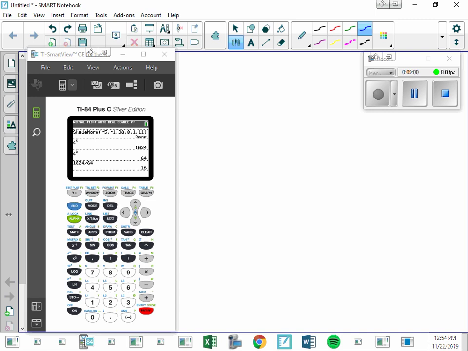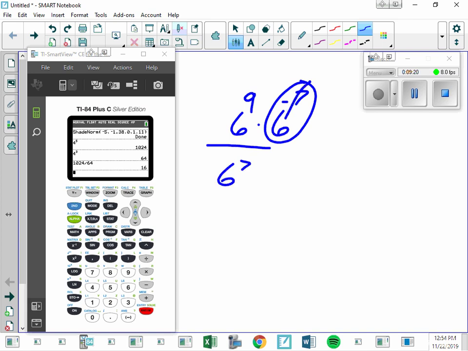What if I have 6 to the 9th times 6 to the -7th? Simplify it. Well, what does this do? Moves it to the bottom. And then what is 6 to the 9th times 6 to the 7th? 6 to the 2nd.